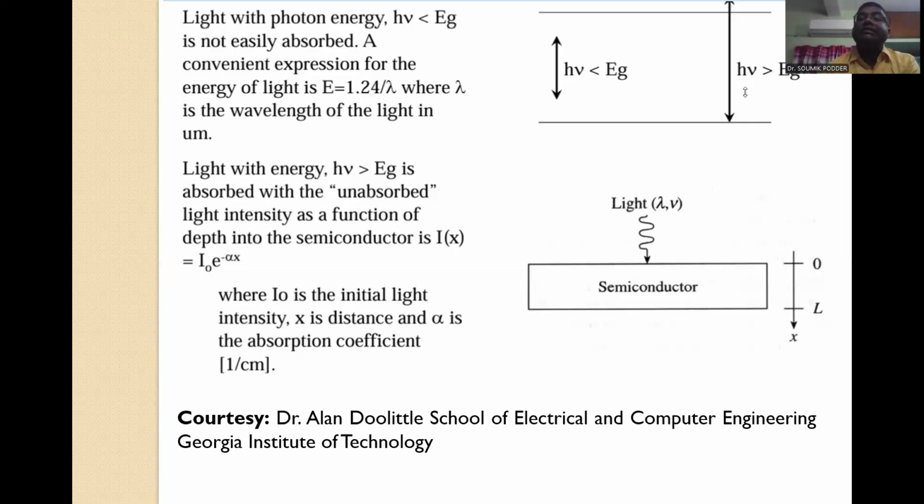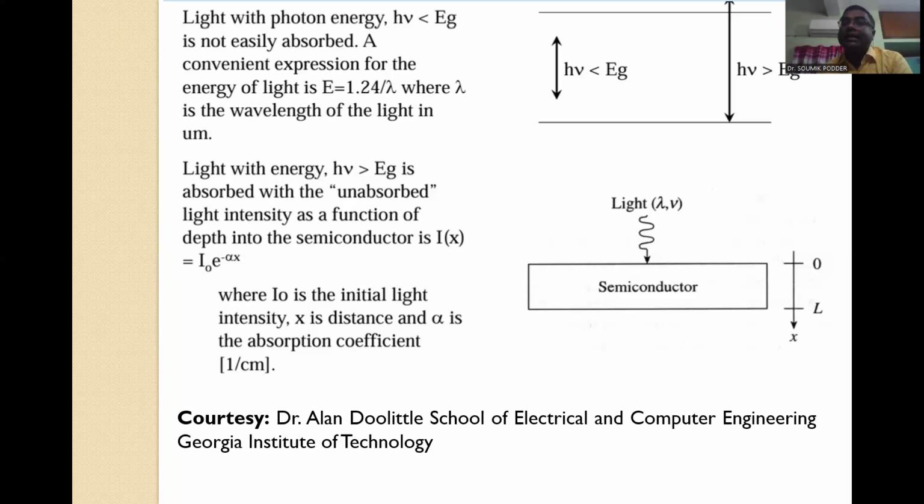But in this case, if we increase the energy of the incident photon, and at some point it is greater than this Eg, automatically the electrons will get a sufficient amount of energy to overcome this energy barrier and jump to the conduction band, where they are free to move.